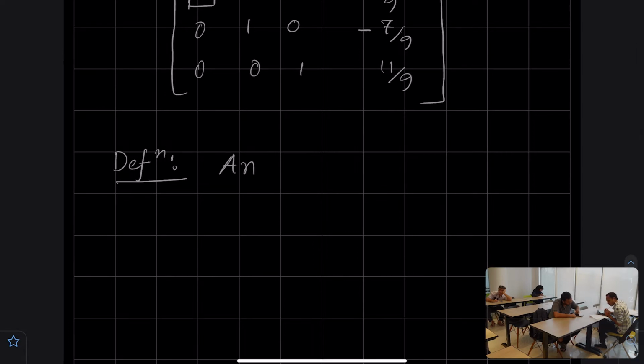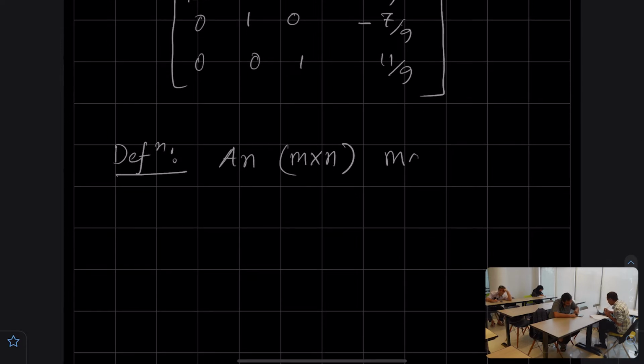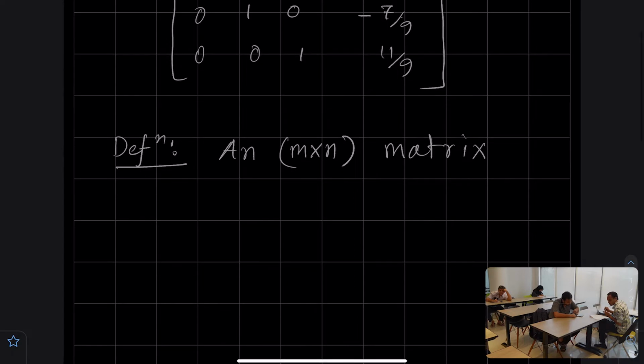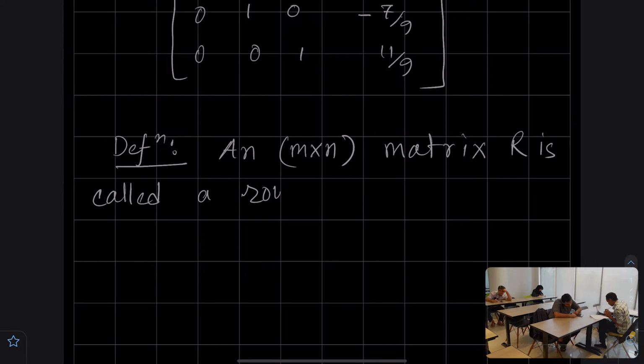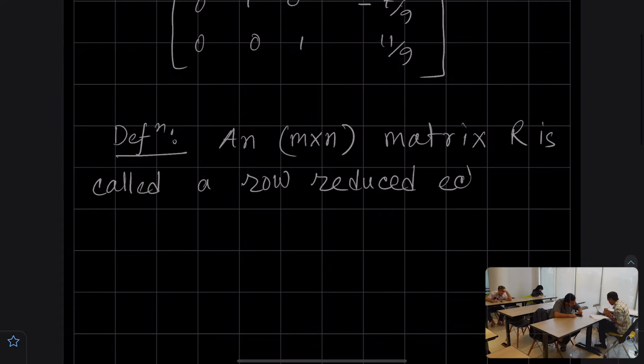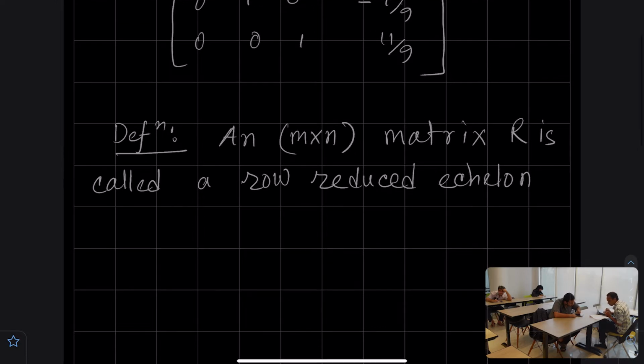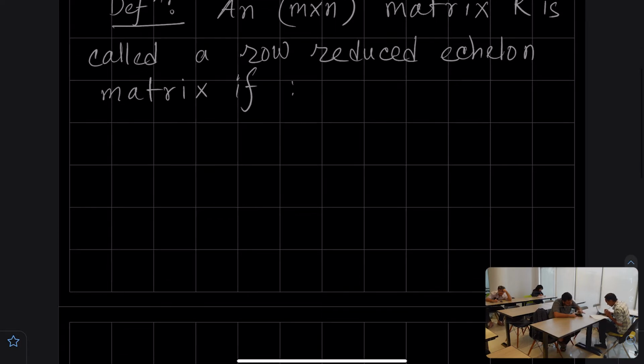An m cross n matrix R is called a row reduced echelon matrix if (a) R is row reduced.